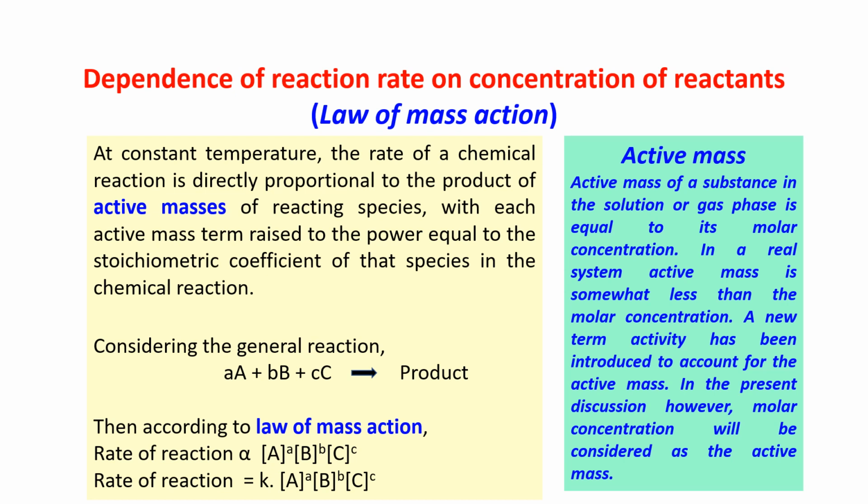At constant temperature, the rate of a chemical reaction is directly proportional to the product of active masses of the reacting species, with each active mass term raised to the power equal to the stoichiometric coefficient of that species in the chemical reaction. This is known as the law of mass action.